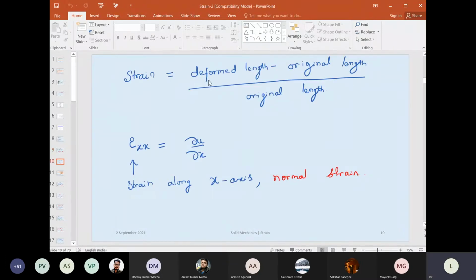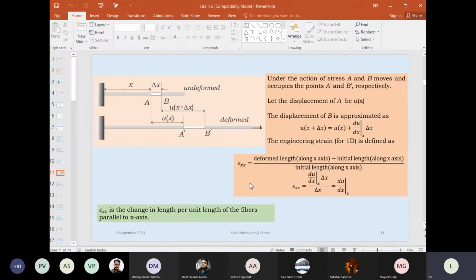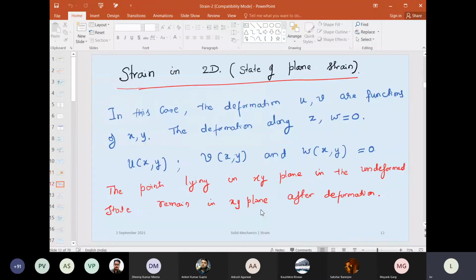The strain that you have studied in previous classes is deformed length minus original length divided by the original length. Since the strain was along the x direction, we put in a subscript, epsilon xx, that is the strain along the x axis.